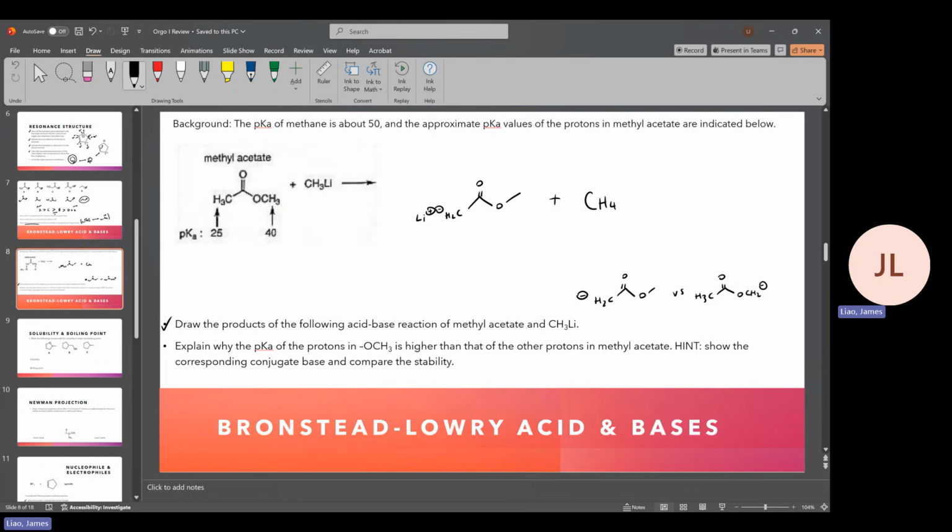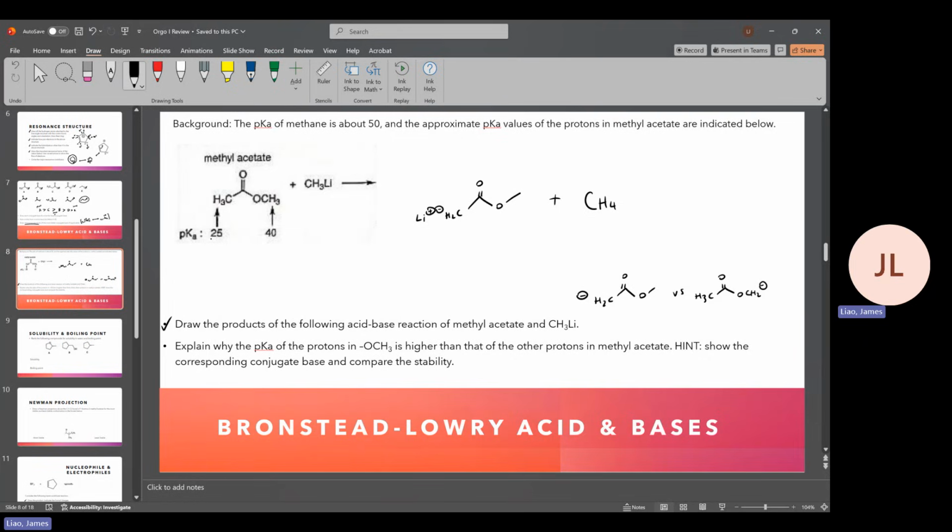It's going to concentrate on that particular molecule. But if we take a proton from the left side of it, which has a pKa of 25, that's much easier because you can do resonance structures.